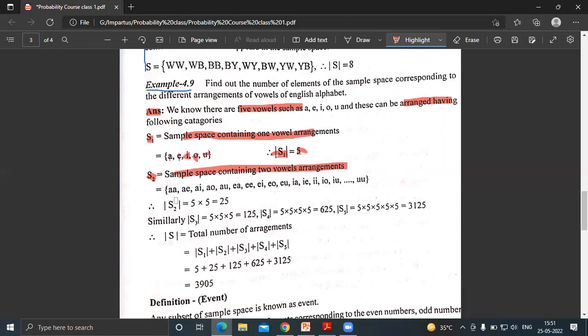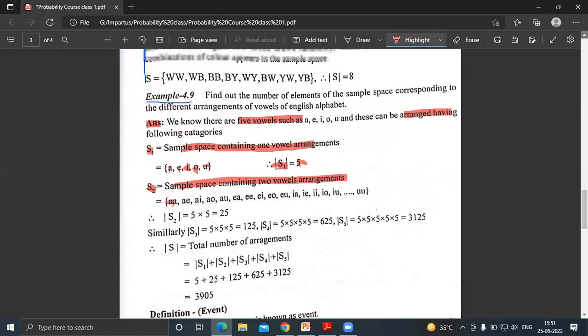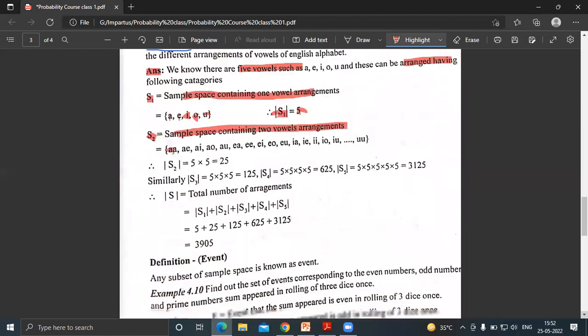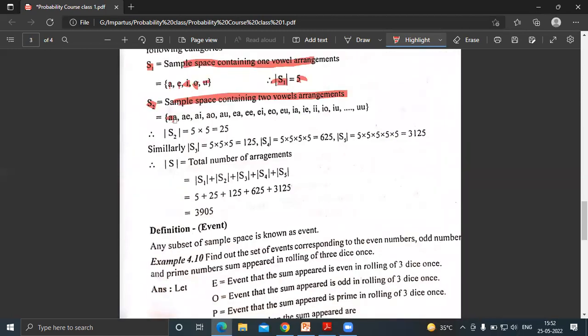Write it in this way, like your die problem: AA, AE, AI, AO, AU. Similarly, EA, EE, EI, EO, up to UU. If you count it, you will find there are 25 elements.